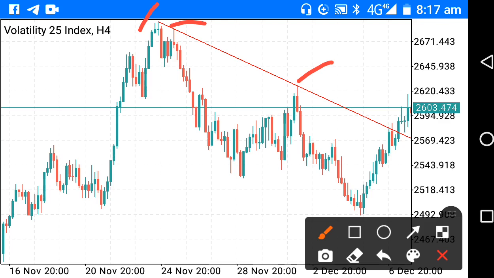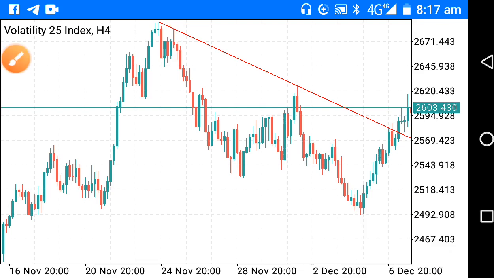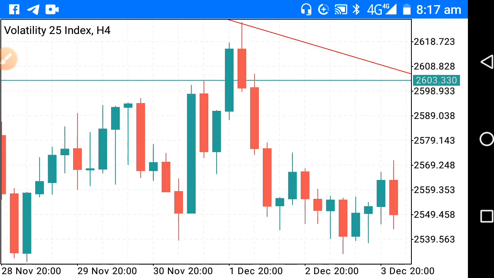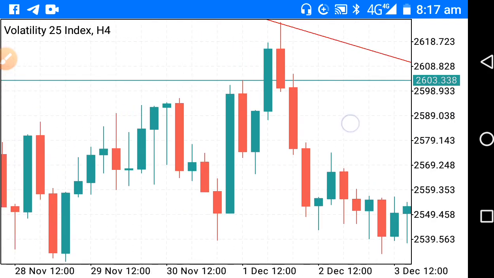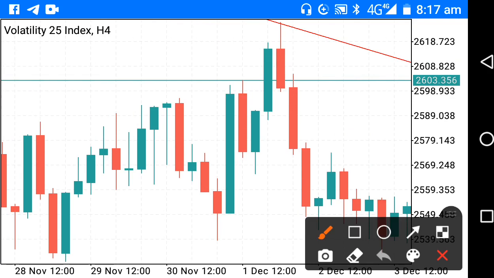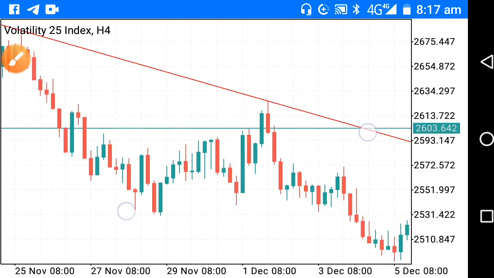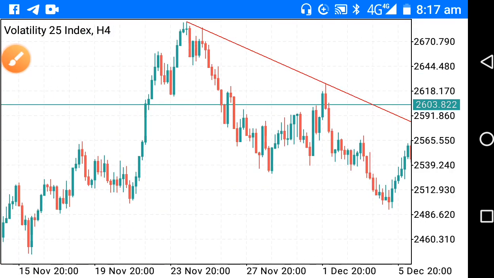And if you can see from the screen, price is below the trend line, so we're looking for sell opportunities. So how do we execute the sell? This is where the knowledge of the candlestick comes into play. Now look at the secret behind it.